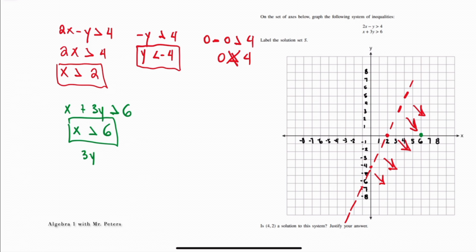So now we have 3y is greater than 6. We're going to divide. So we have y is greater than 2. So on the y-axis, here goes the intercept so that we can now connect a line through the points.